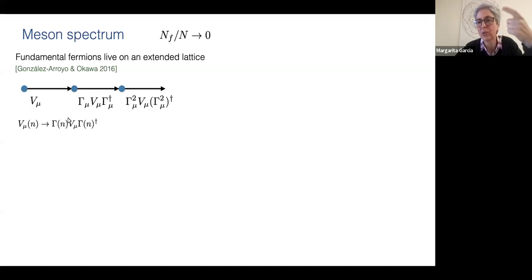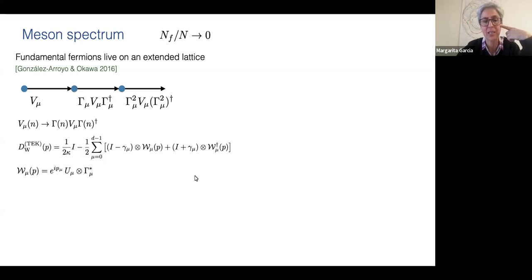And then you can work out how the Dirac operator for Wilson fermions looks when you do this replacement. It can be diagonalized using a Fourier transform in momentum space. And this is the final result that comes out.